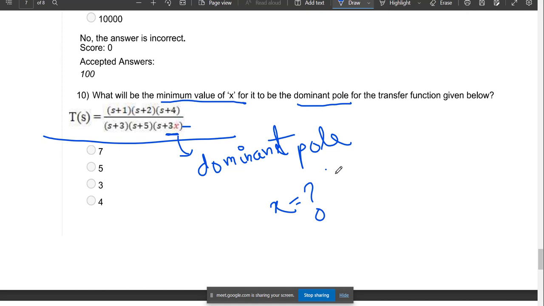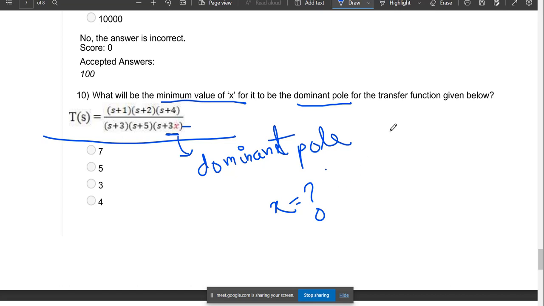See, so what does dominant pole mean? Dominant pole means the pole which is most dominant over all the other poles, right? There will be many zeros and many poles in the transfer function.